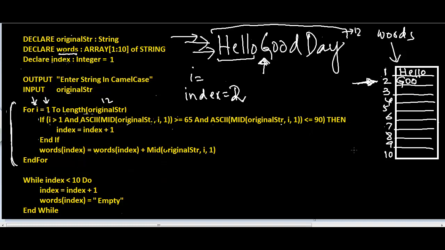Next time the loop runs, the value of I becomes equal to 9, and this mid function is now going to return the 9th character, which in this case is small d, and the ASCII value of small d is 100. As we can see, 100 is not less than or equal to 90, therefore this if statement is not going to execute. Then we come to this instruction, and this effectively becomes words of 2 equals words of 2 plus mid function, where the value of I in this case is going to be 9 and the 9th character is small d.